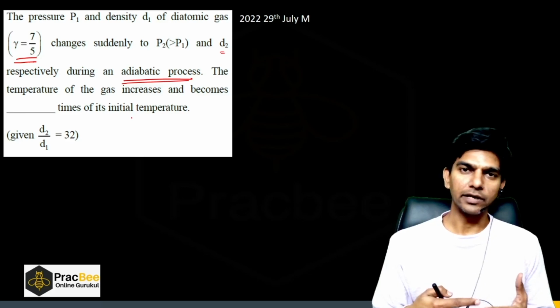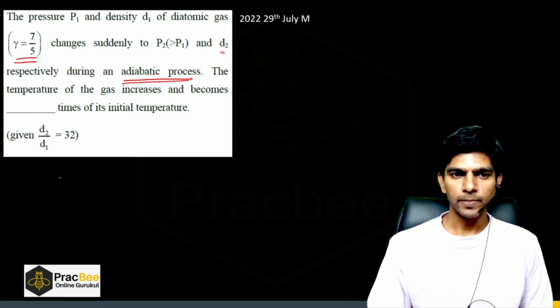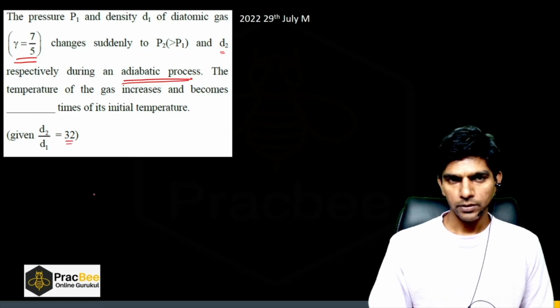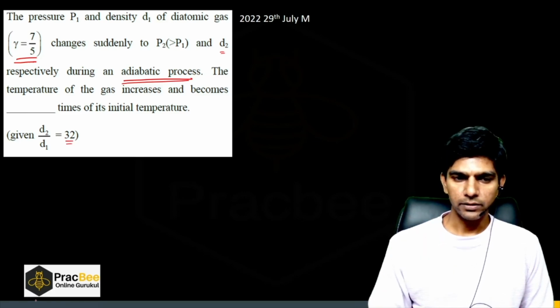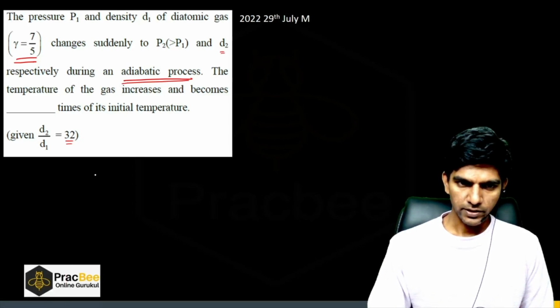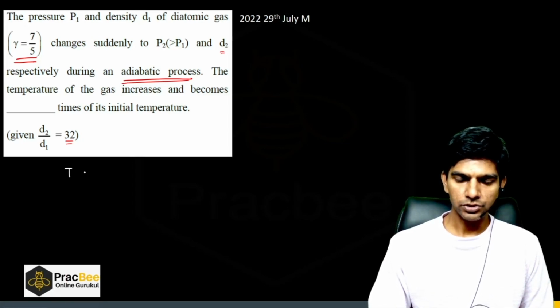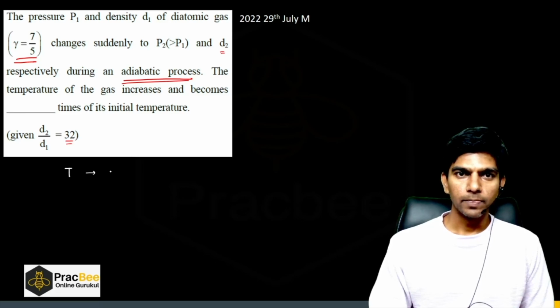So we have to find the relation between initial and final temperature, and the ratio of the final density to the initial is given as 32. Since density ratio is given, first of all we have to find the relation between temperature and density, right?